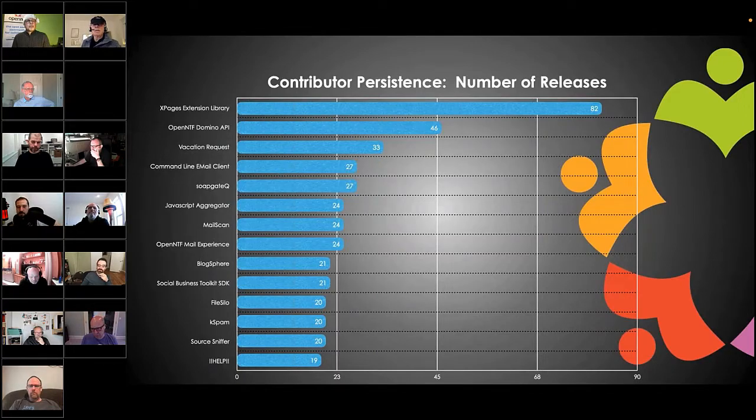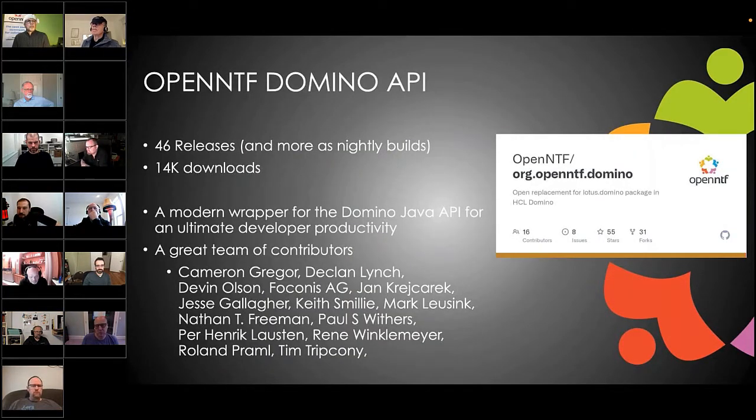But there is another project here I would like to highlight. If you are a Java developer, you would know the OpenNTF Domino API is a huge success. We have seen 46 releases, and I know there are more as nightly builds. These are just snapshots put into OpenNTF, and 14K downloads.